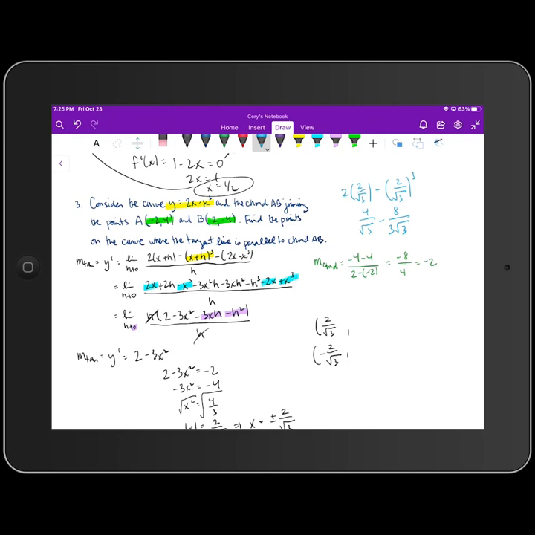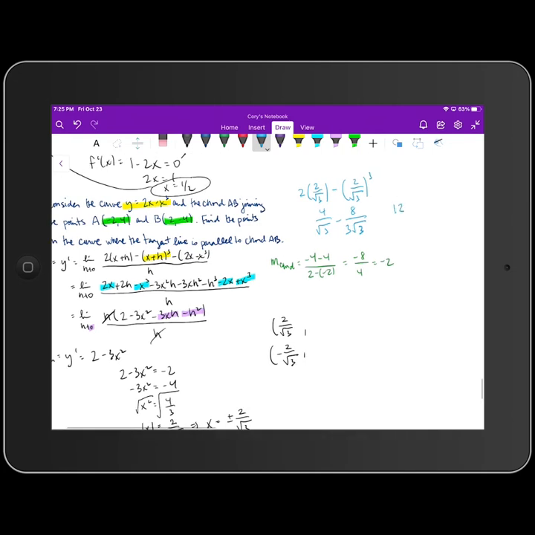And then if I get a common denominator of 3 rad 3, this becomes 12 minus 8 over 3 rad 3, which makes the y coordinate of that point 4 over 3 rad 3. Okay, so those are the coordinates of my first point.